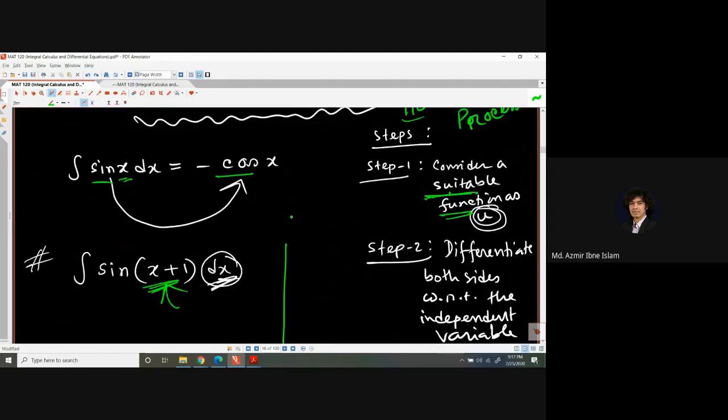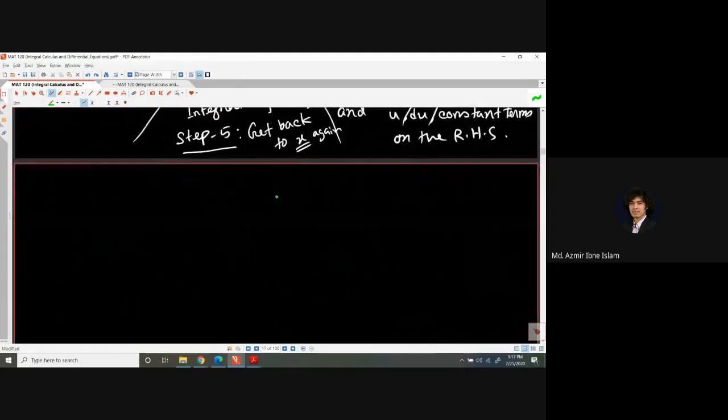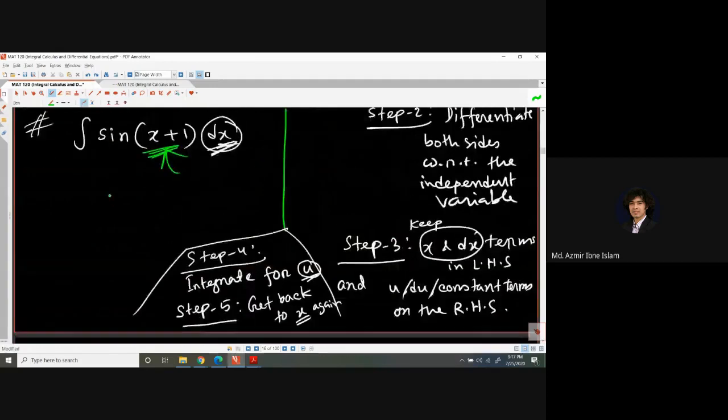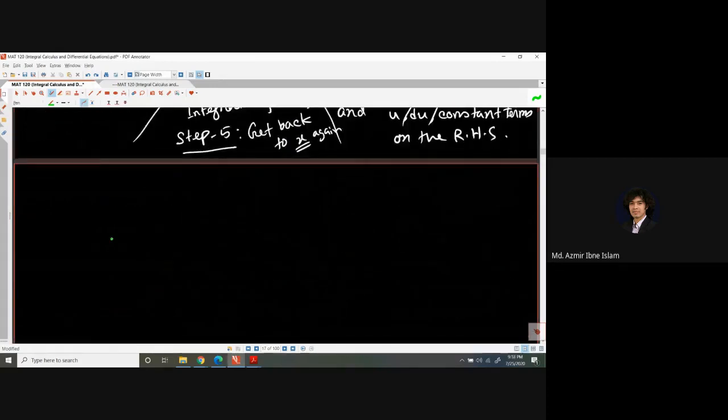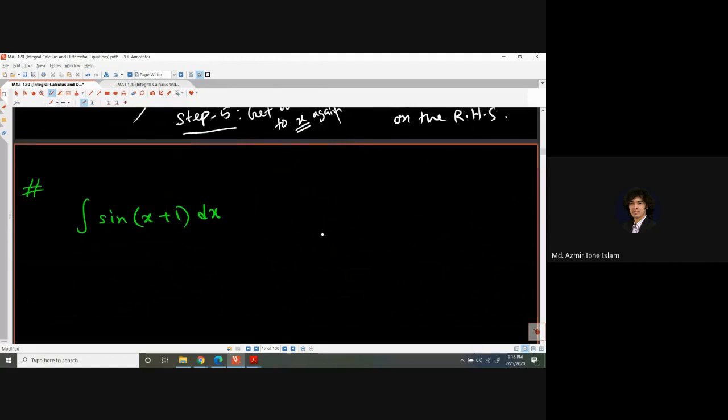So let's do it by these steps. Let's try to solve this problem: integration of sine of x plus 1 dx. After this problem, we will take some problems from our reference book, so that we can have a lot of practice.